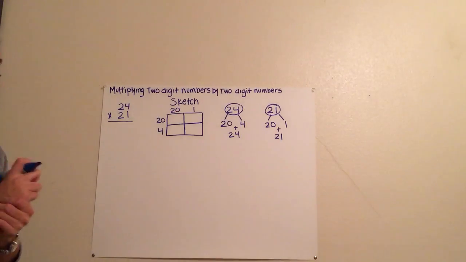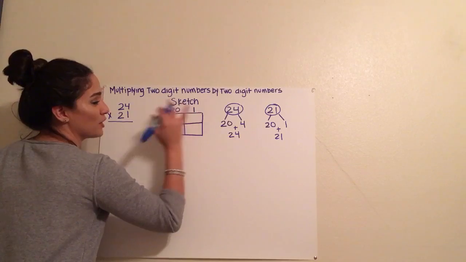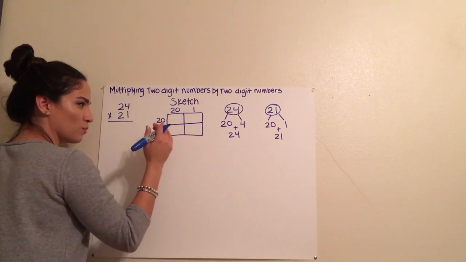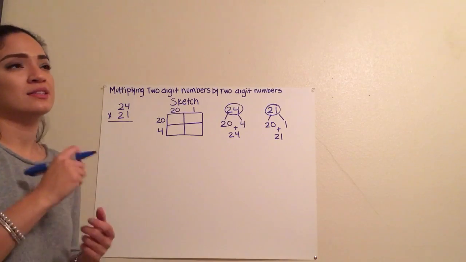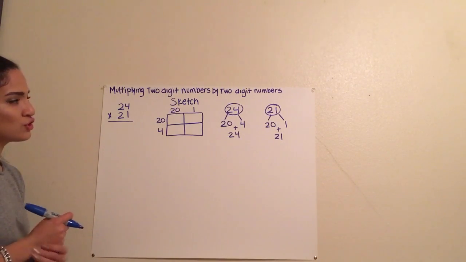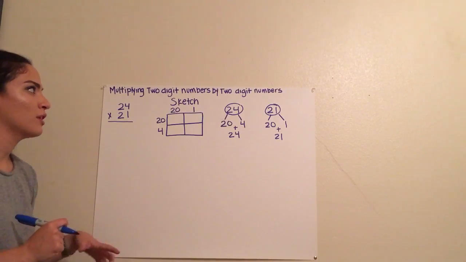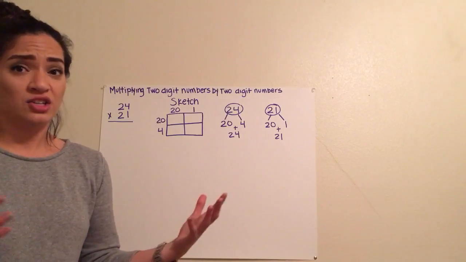So now I'm going to tell them to multiply 20 by 20. What product does 20 by 20 give us? I just don't want my students to get confused or think, oh my god, I have to multiply 20 by 20, that's a large number.